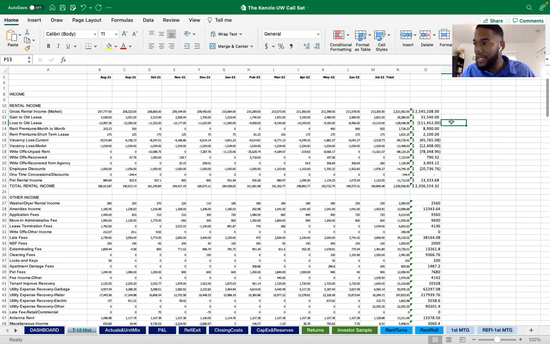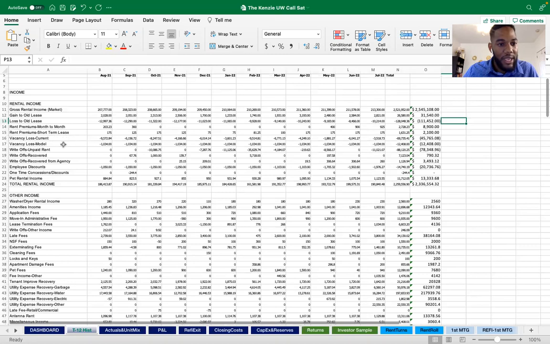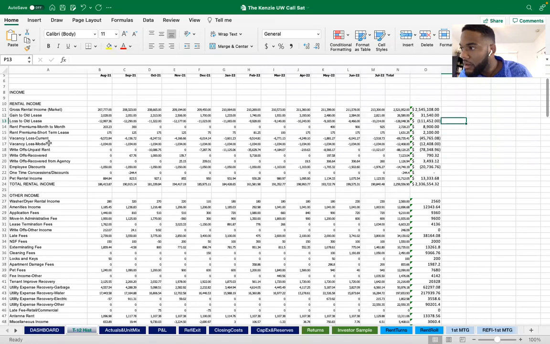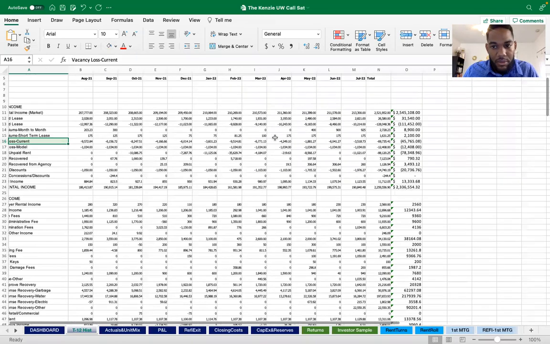So let's go ahead and try to get the physical vacancy in here. Can anyone on the call guess which line item here is physical vacancy? Say 16. Correct. So line item 16 is going to be our physical vacancy right here. I just highlighted it.